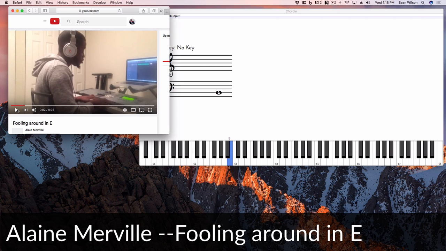Now again, that's not even what he played, but I'm showing you how a person who actually is transcribing these people is thinking. And so even though he didn't play that, that's what I'm going to use to figure out what those chords are. Because check this out.